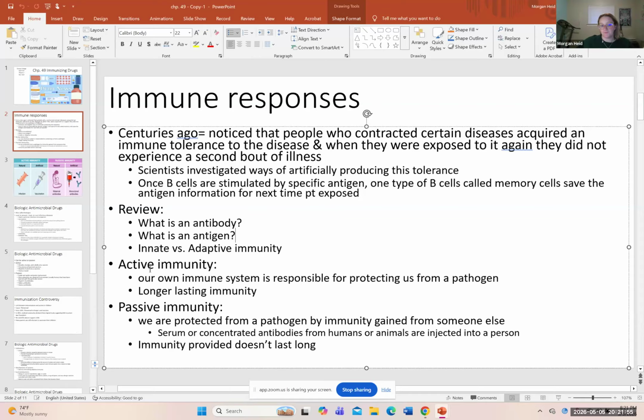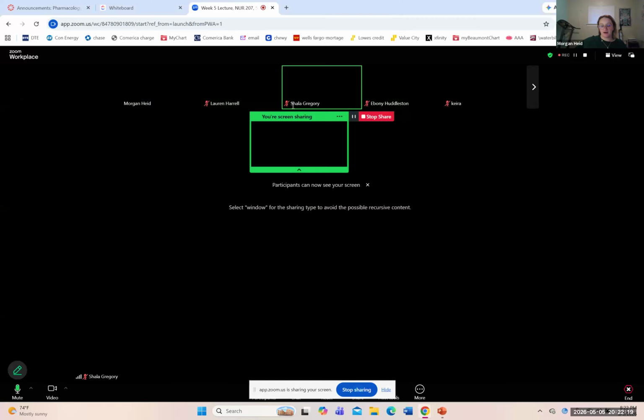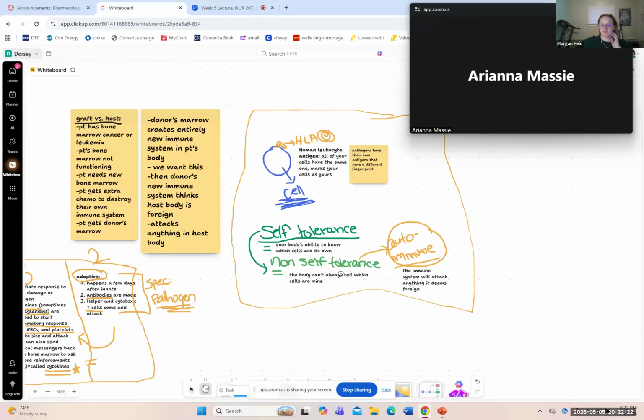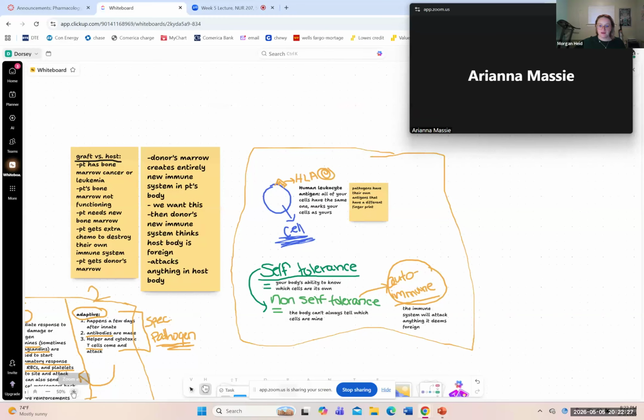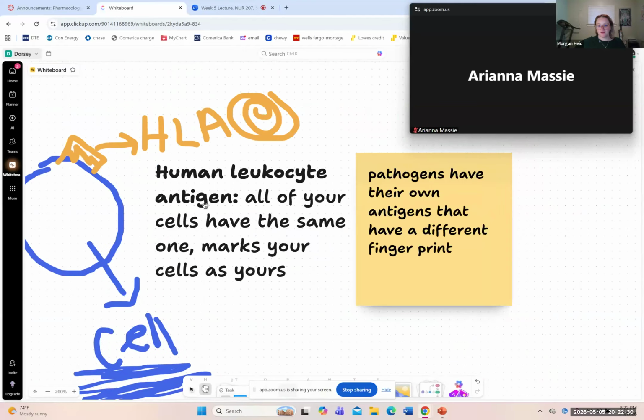Does anybody know what an antigen is? I used that word once before. Someone said it suppresses the immune system. Not quite. If I go back to my bad guy up here, the antigen was the marker, or my fingerprint, on either my cells or the pathogen.